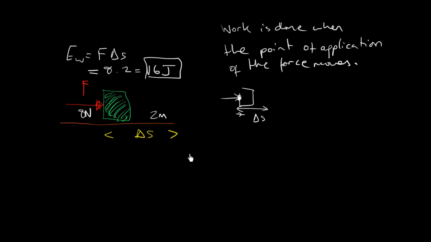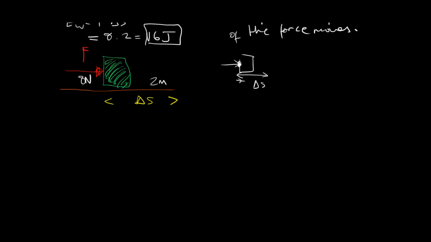But sometimes we have situations where it looks a little bit more tricky. So for example, you could have a trolley like this and somebody putting a force on it, doing work on the trolley, and perhaps the force applied would be like this.